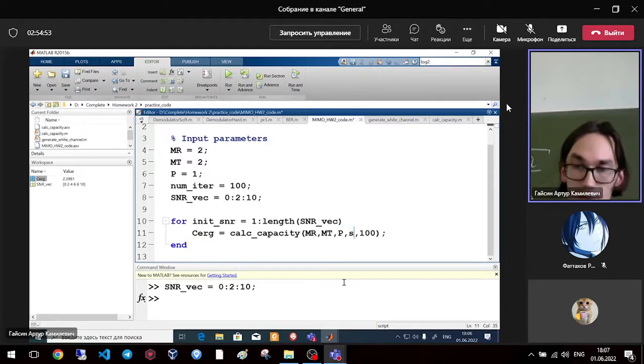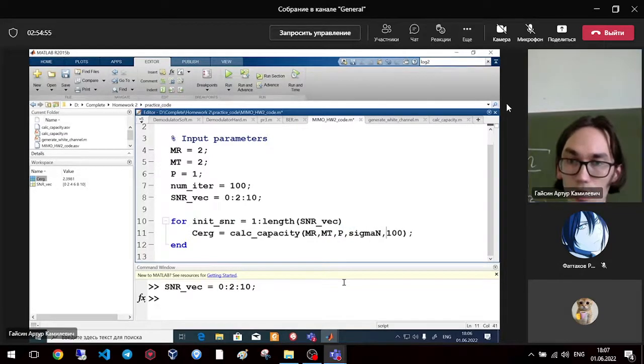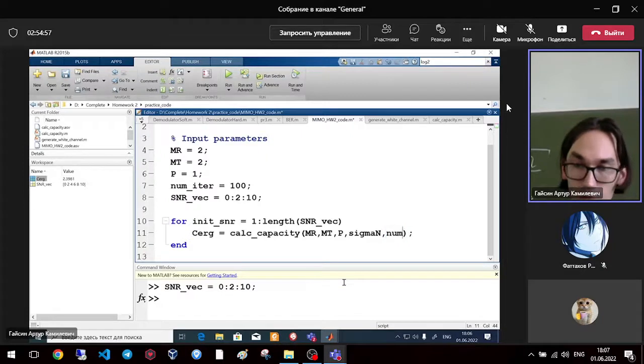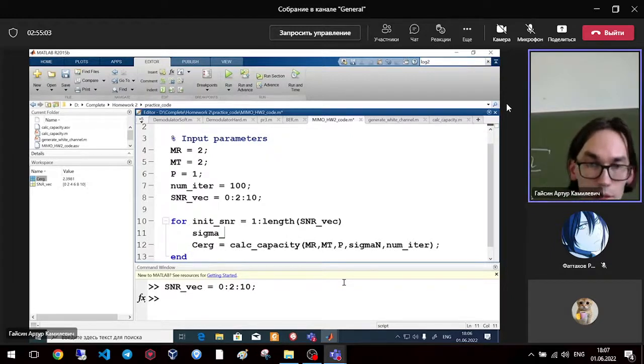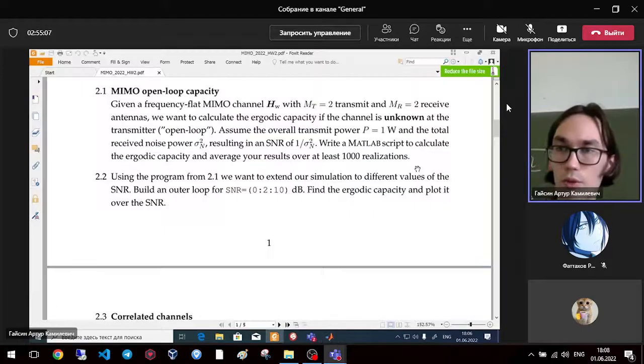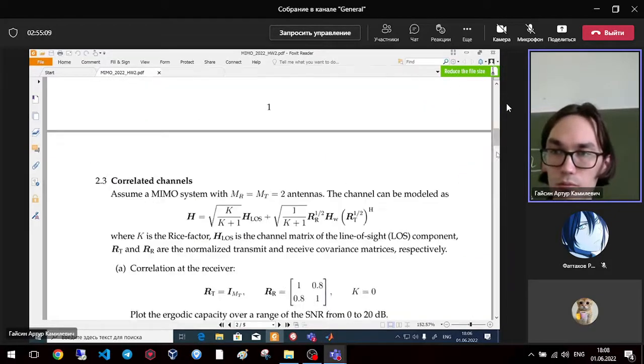Then we should recalculate sigma n, and here number of iterations. So we calculate sigma n in hints you are given by the equation.